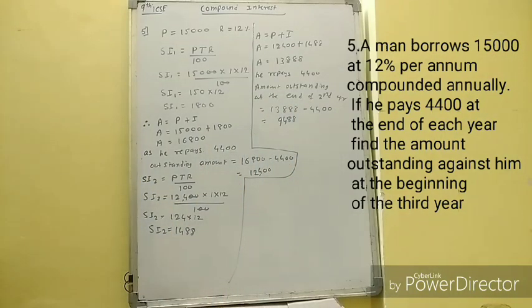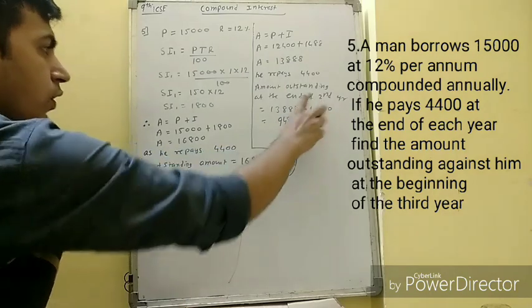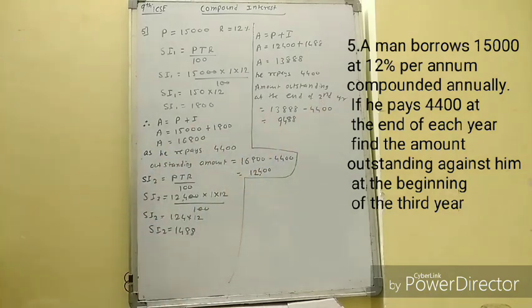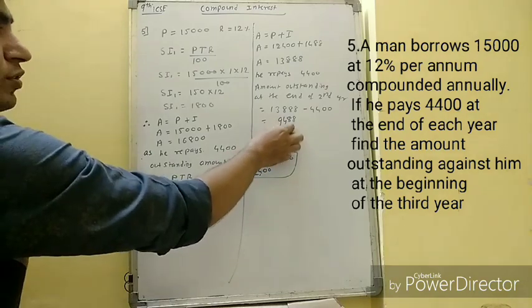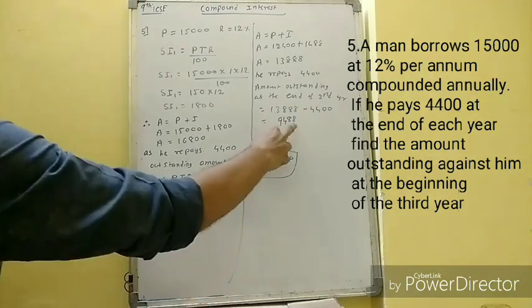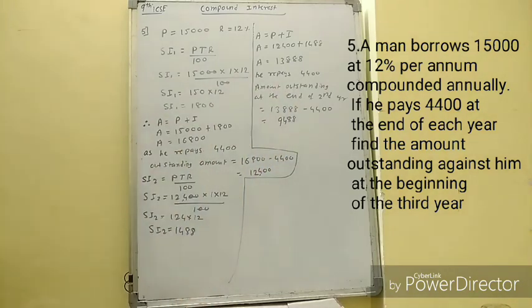So 9,488 rupees is the amount outstanding at the end of second year, or you can also say at the beginning of the third year, because this is the amount which is going to be carried for the third year. So this is the amount which is outstanding at the beginning of the third year as well.